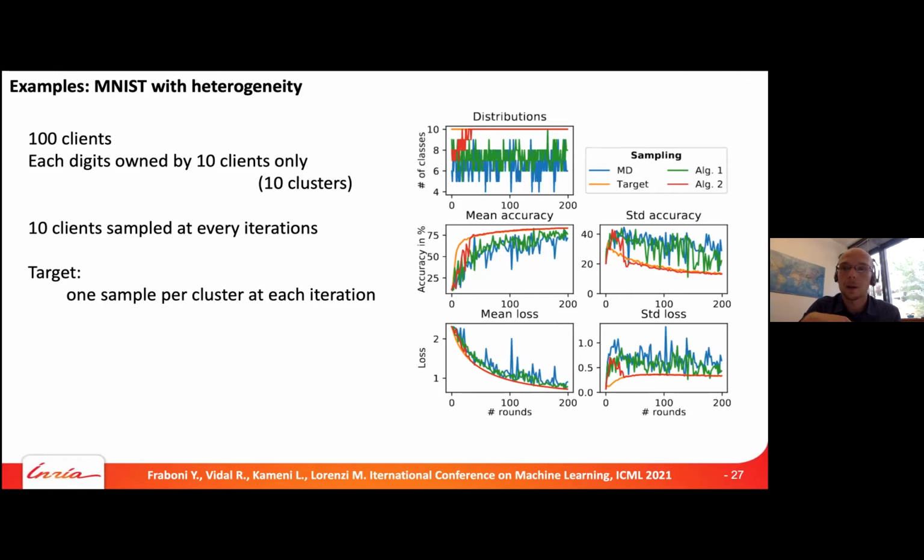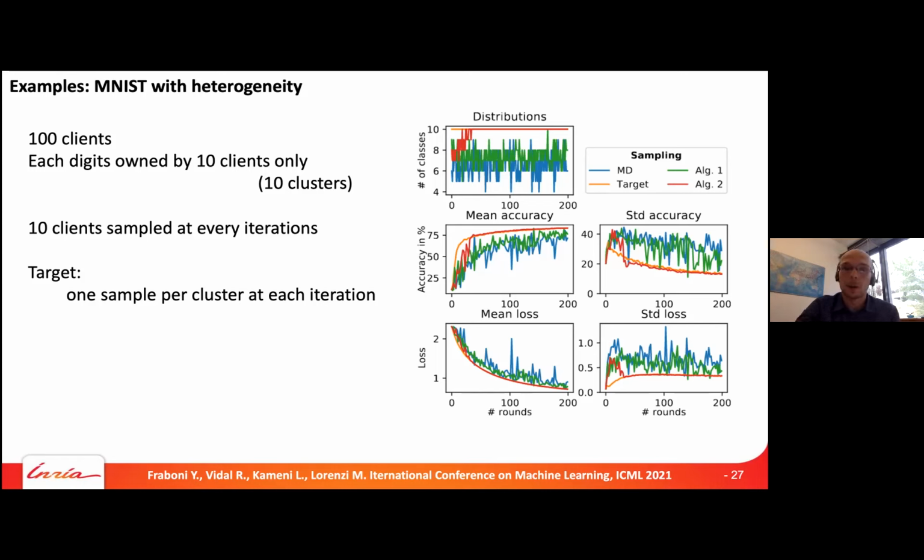And so there is a clear heterogeneity depending on the label. And at every iteration, we sample 10 clients. So ideally, the optimal way, which is what we call target, is that at every iteration we sample one and only one client representative of its own cluster, so of its own digit, right?